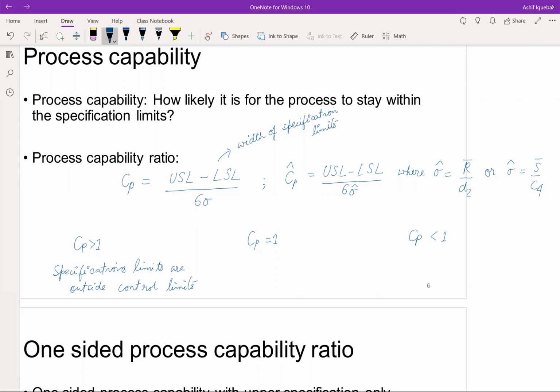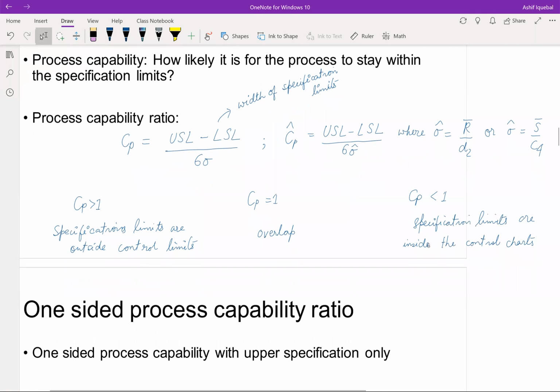When CP is equal to 1, these two limits overlap with each other, right? And if CP is less than 1, that's when the specification limits are inside the control limits, right?